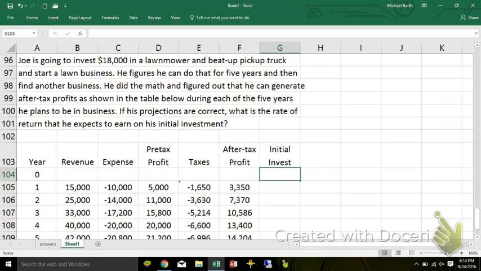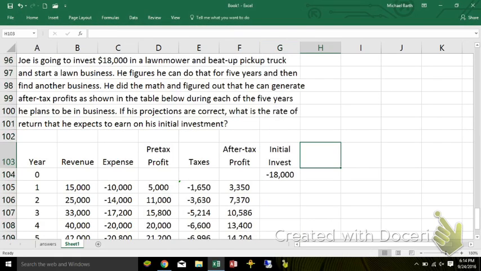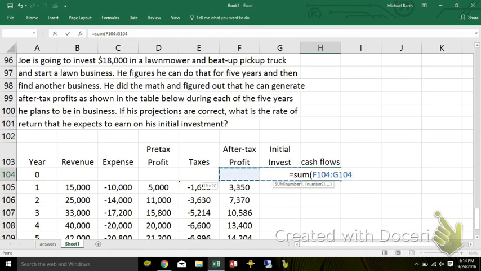So he'll have to spend $18,000 at time 0. So the total cash flows would be the sum of the initial investment and then the after-tax profit columns.